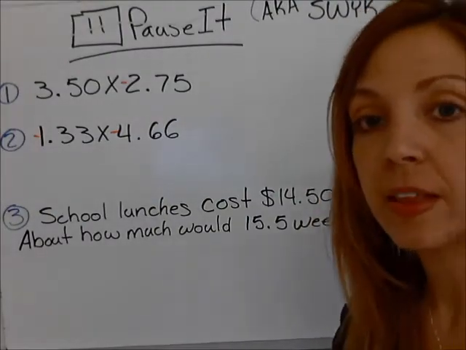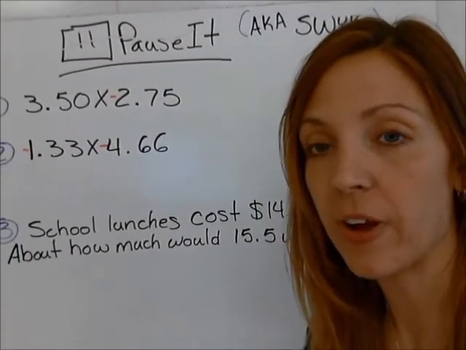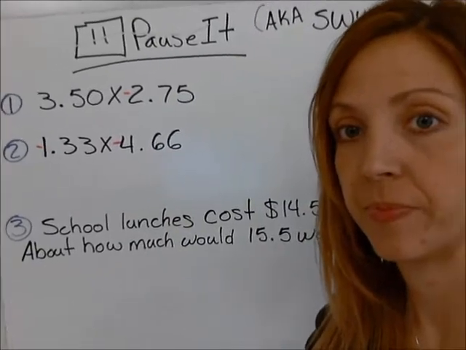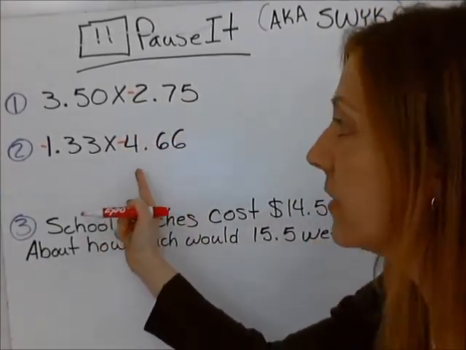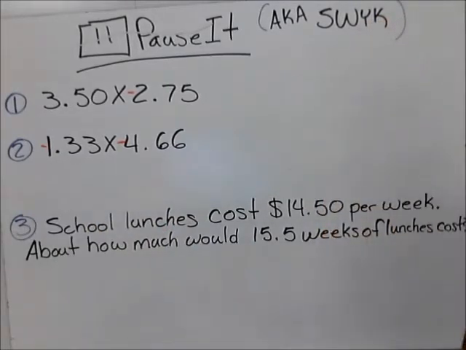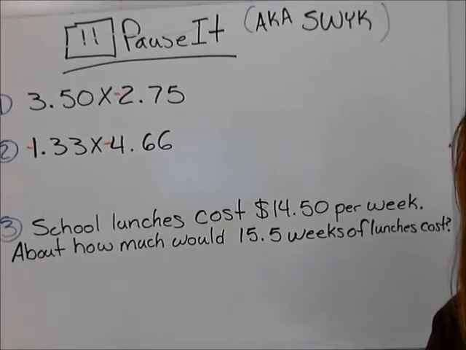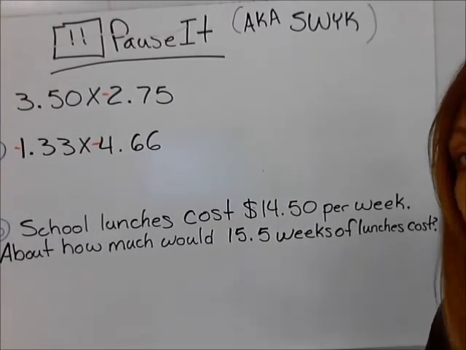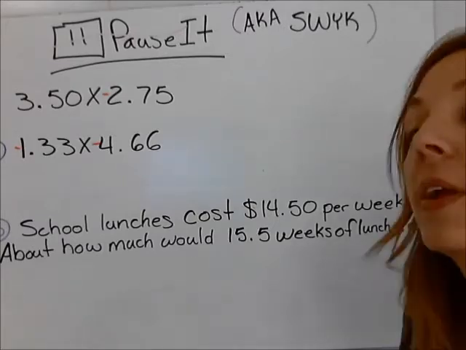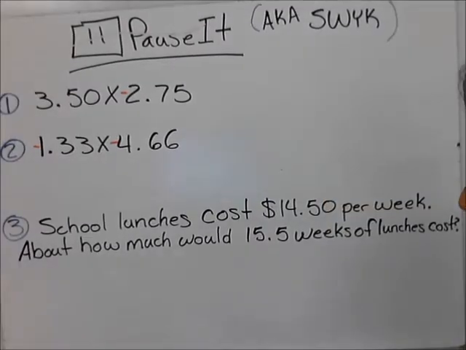All right, let's pause it and try these out. Let me read number 3 to you, and keep in mind this is a negative. These are both negatives. School lunches cost $14.50 per week. About how much would 15 5/10 weeks of lunches cost, or 15 1/2 weeks of lunches cost?